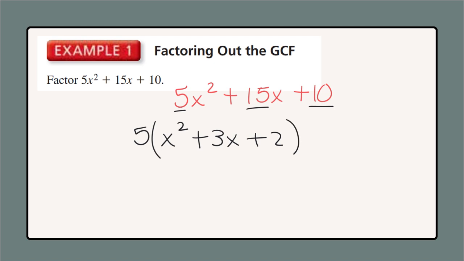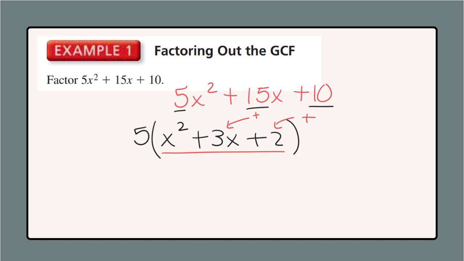Now I'm left with 5 times a trinomial, correct? I could continue to factor the trinomial, just how we did in 7.5. So I know that C is positive, and B is also positive. That means both binomials are going to be positive.